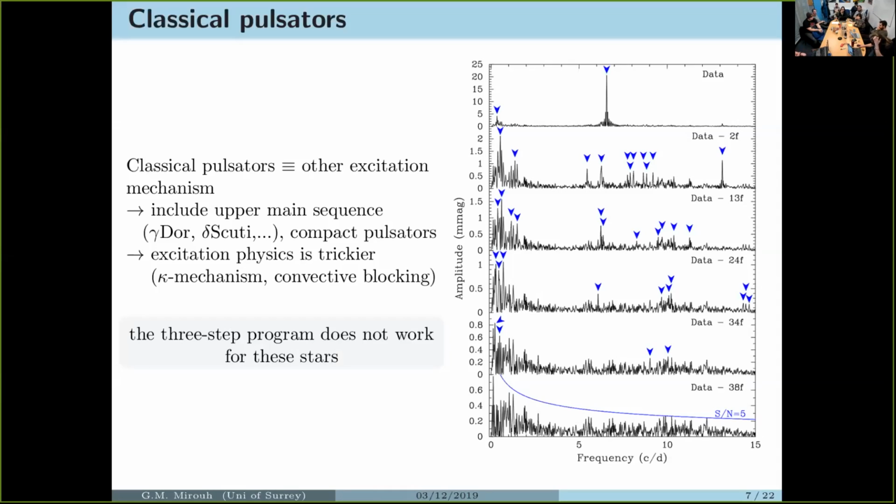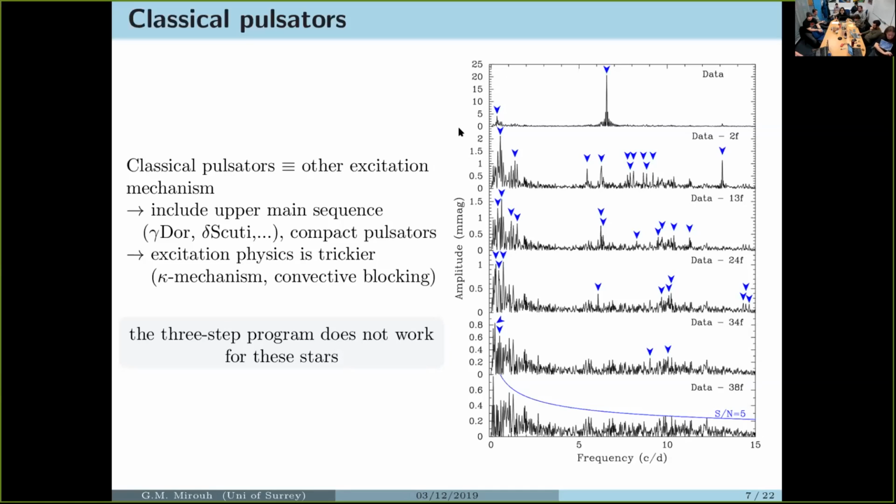The gamma Doradus stars also have this convective blocking mechanism that I've never really fully understood, so sorry about that. Here on the right, you have an example, Handler 2019. It's a runaway star that happens to be a beta Cephei star. So it's a kappa mechanism of the iron peak that excites the oscillations.